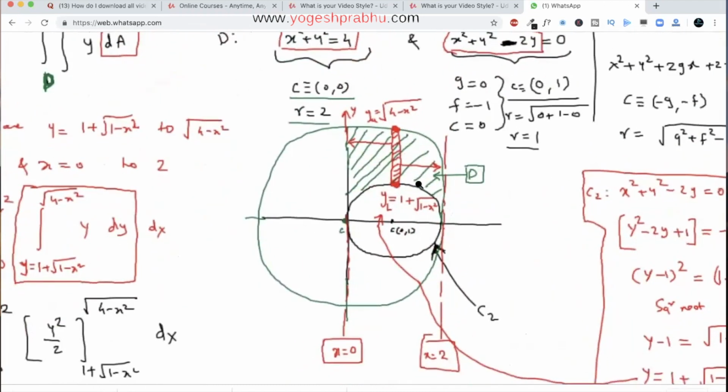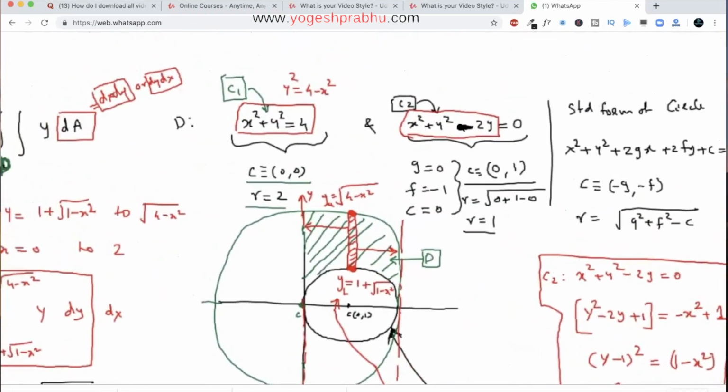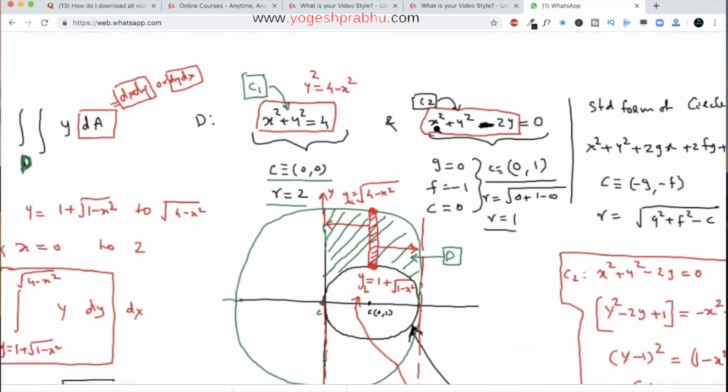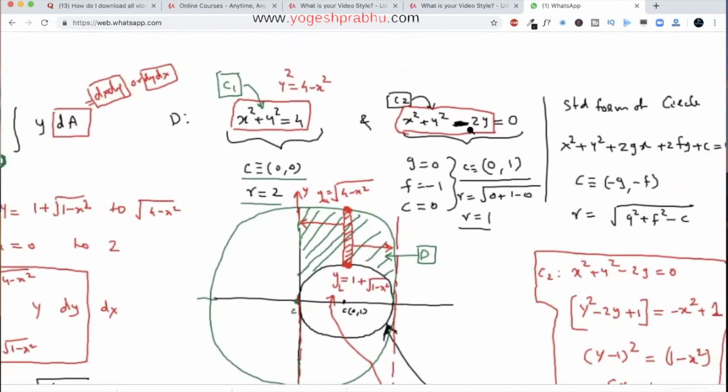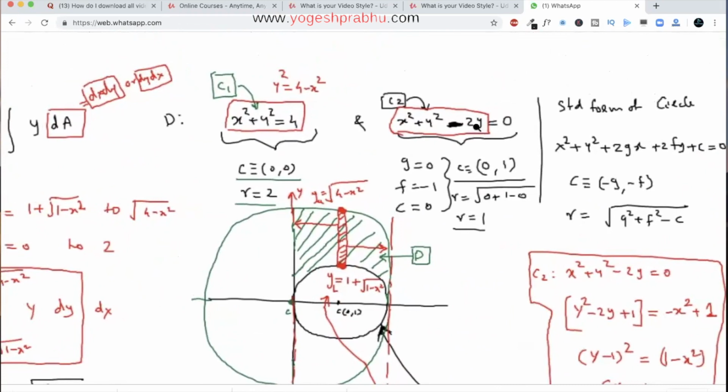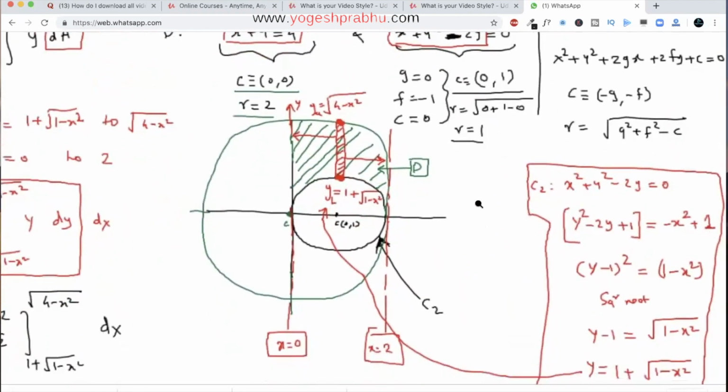Okay. So the question that we solved yesterday was x square plus y square minus 2x. So this same method will apply.